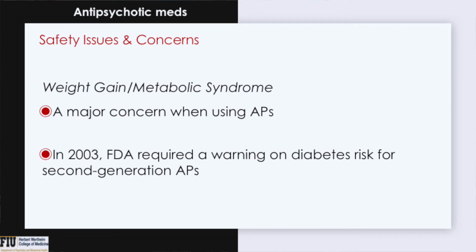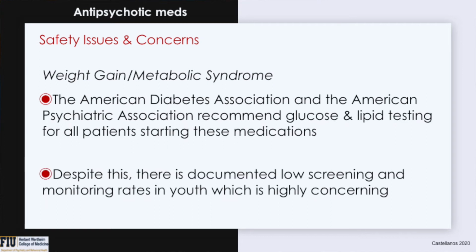And we know that led in 2004, I think, 3-4, where the American Diabetes Association and the APA, American Psychiatric Association, developed their consensus statement and guidelines on the monitoring of individuals in general who are being prescribed antipsychotic medications.